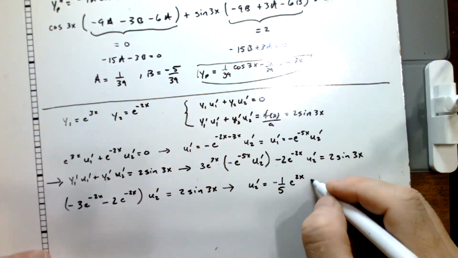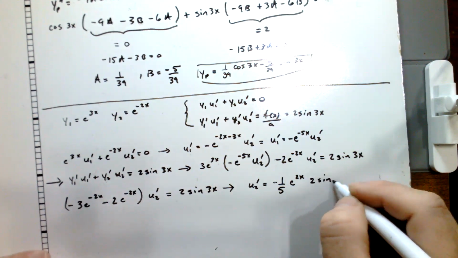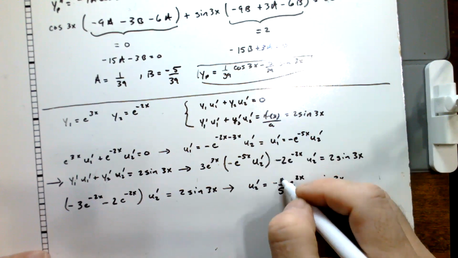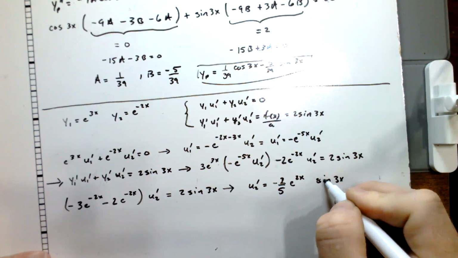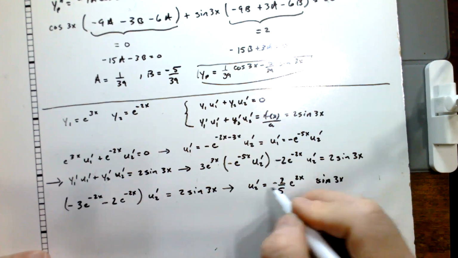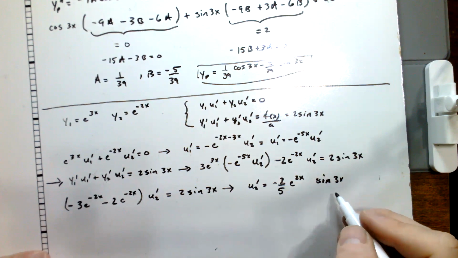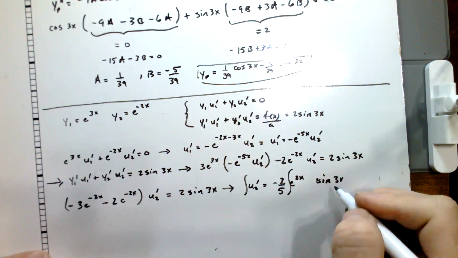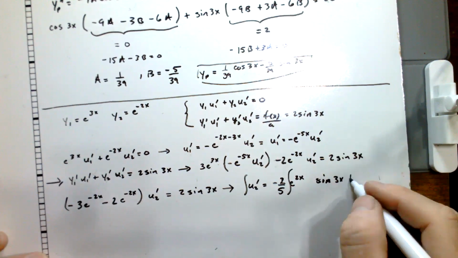And then I'm multiplying that by 2 sine of 3x. So the 2 I'm going to put with the fraction here. And so I have e to the 2x times sine of 3x. And so now that I have all of that together, I can simply integrate both sides, put a dx here.